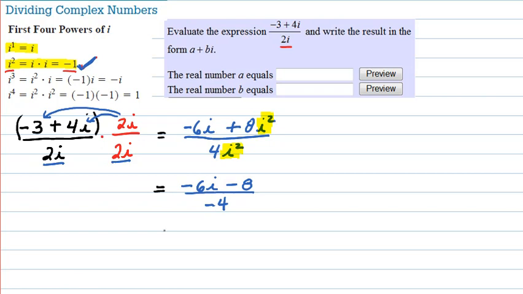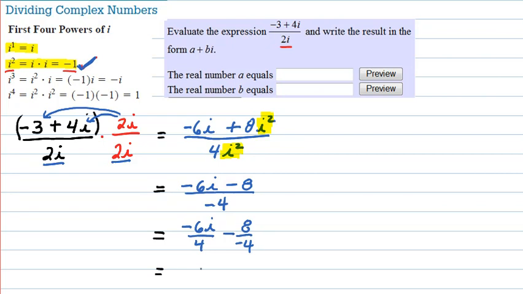Now, in the next step, I like to split this up into the imaginary part and the real part. So we'll have negative 6i over the negative 4, and the minus I'll put in between, minus 8 over negative 4. We can reduce the negative 6 over 4 to 3/2.